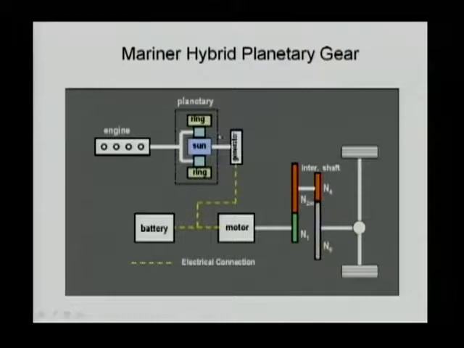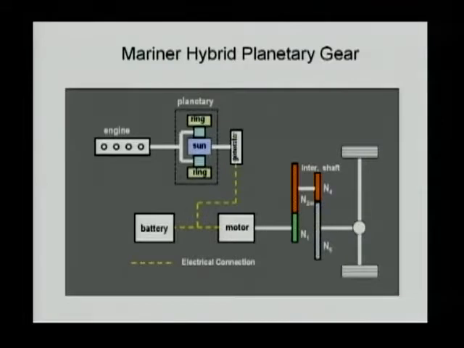The engine is connected to the carrier, just like the Prius did. The sun gear is connected to a generator. At this point, the ring gear is not connected to anything yet, but we will discuss that later, because suppose the ring gear can take some torque.